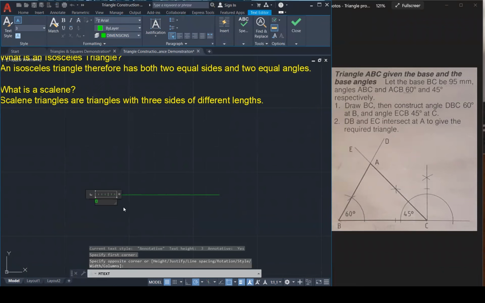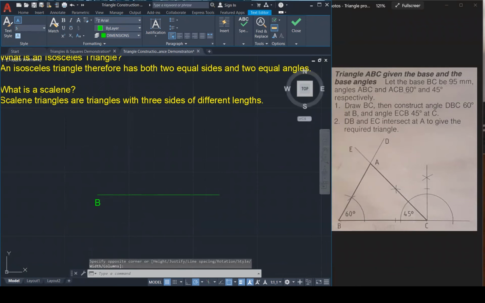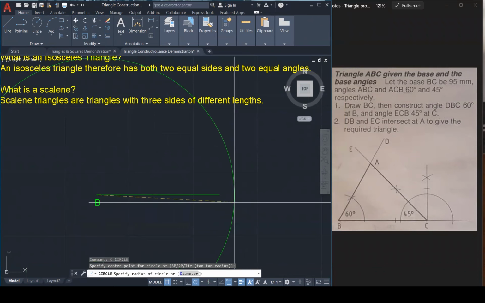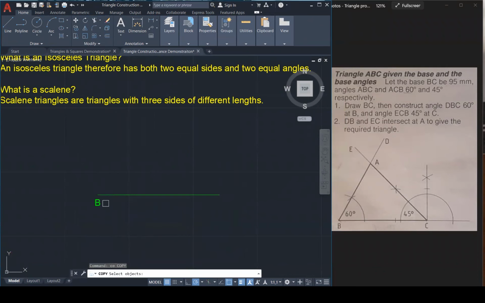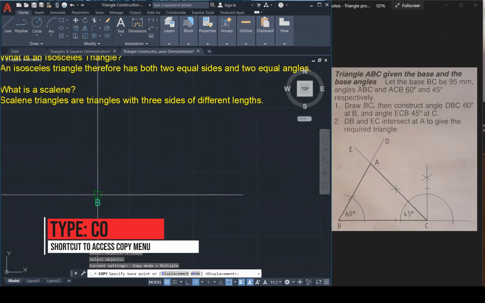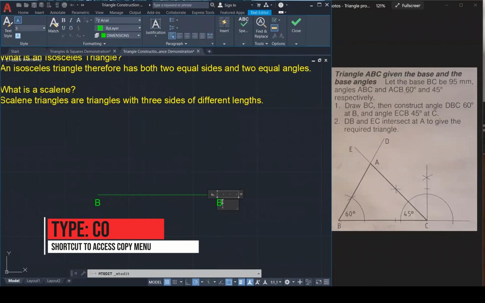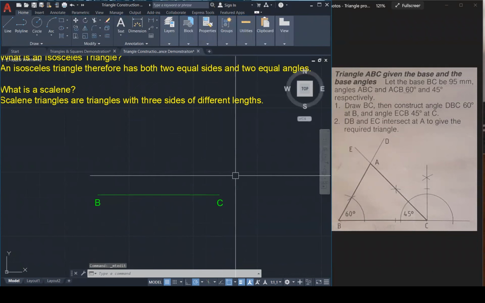Call that B. Let me just move this, copy. Oops, CO for copy. C. Cool. So that's BC.